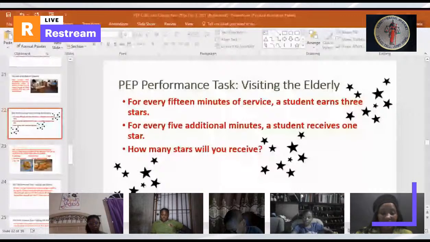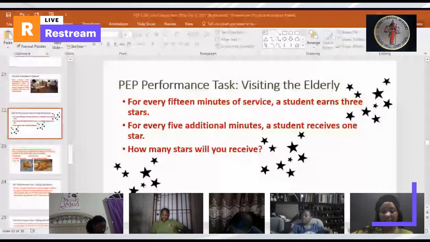You can work with that as a base, since that's the minimum requirement. Those who got 1 hour and 50 minutes, that's 20 minutes more than that. So 3 stars for the 15 minutes and then 1 star for the extra 5 minutes. 4 extra stars plus the 18, that's 22. All right, Jordan says he would have gotten 26 stars.